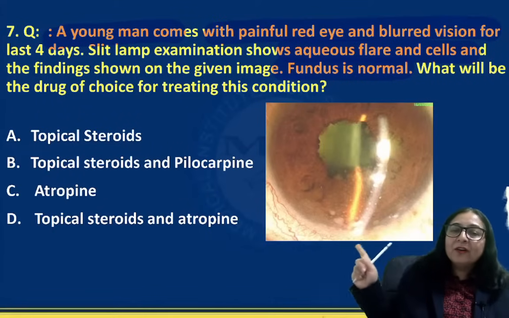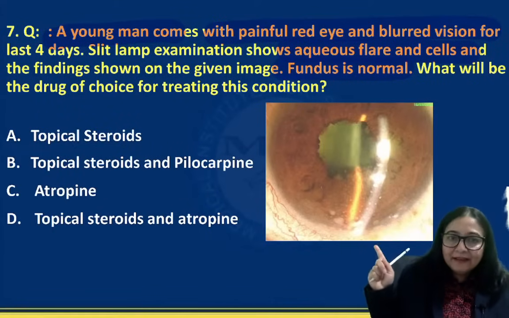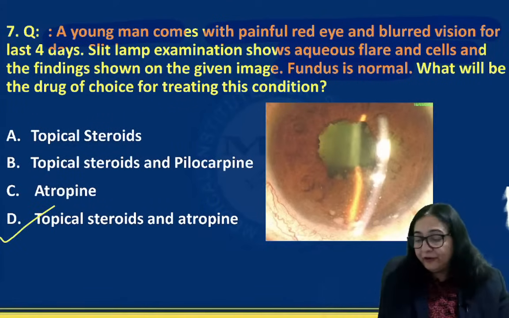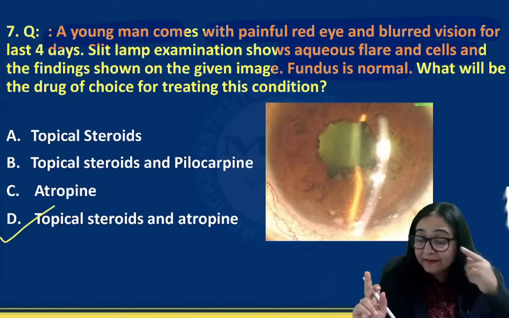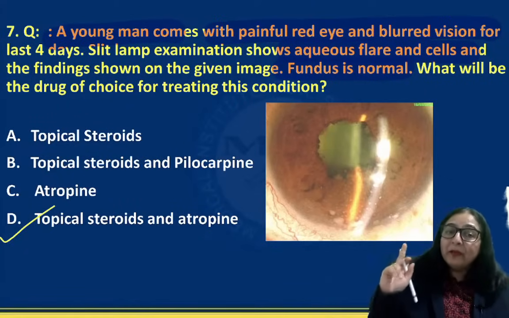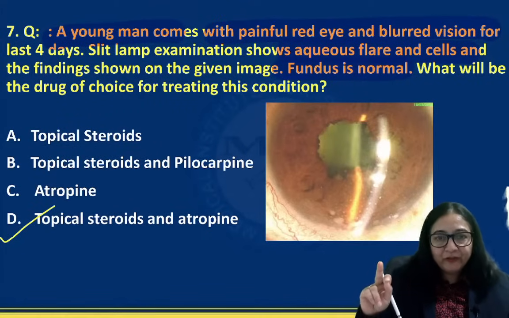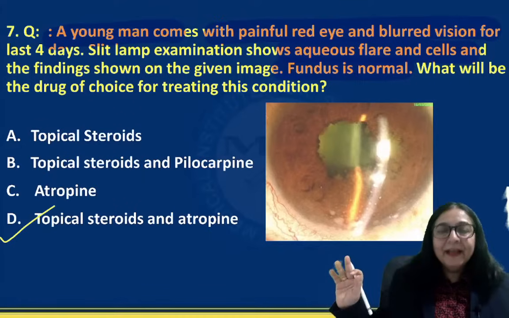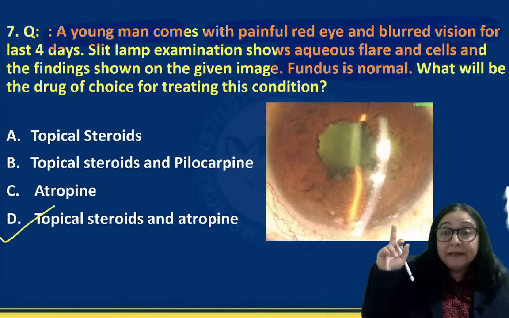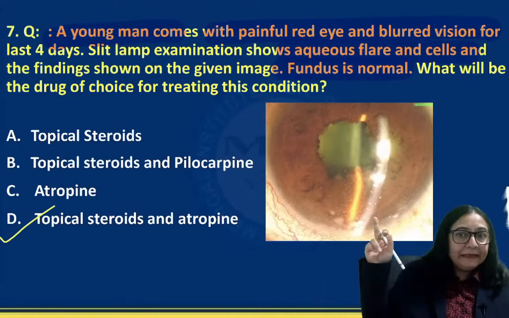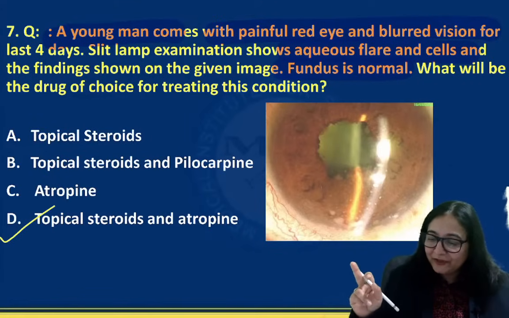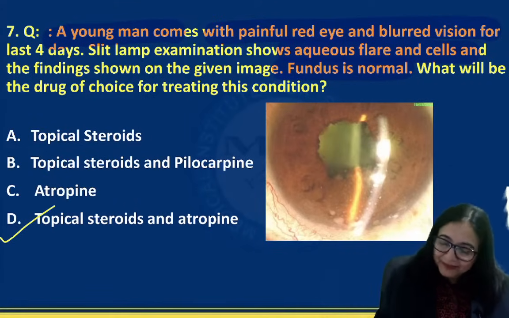Okay, so the treatment which is ideal for this condition is topical steroid and atropine. Not only topical steroids, beta, because you will combine it with a strong cycloplegic drug like atropine, as I explained. So I'm sure all of you are clear. So this question helps you to make a diagnosis based upon the clinical case statement, based upon the signs, and also lets you know about the treatment. Okay, time to go forward.